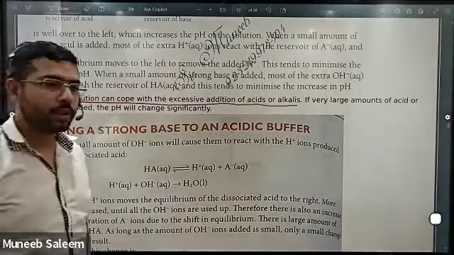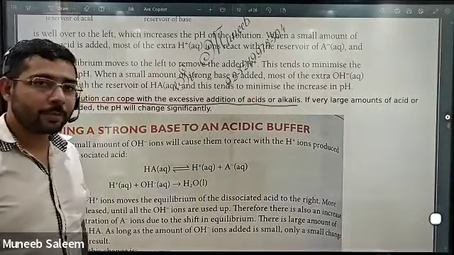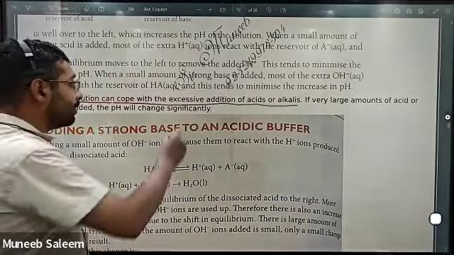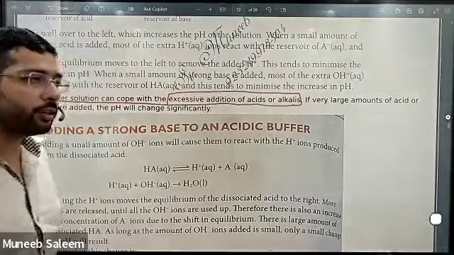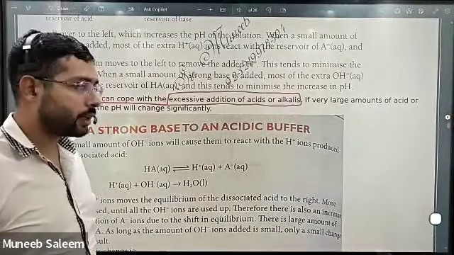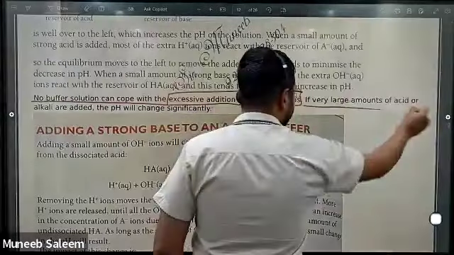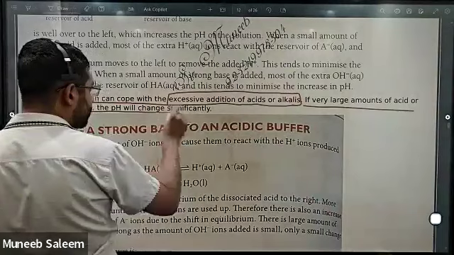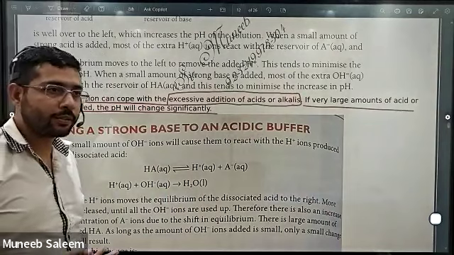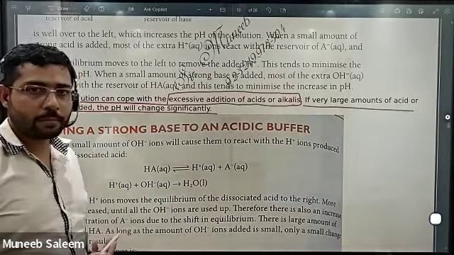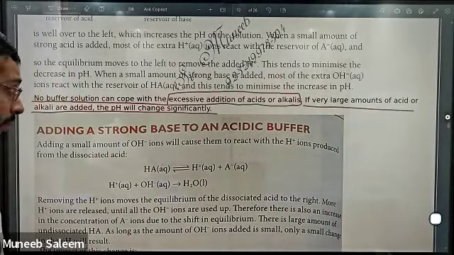As we stated in the previous class, the buffer solution cannot resist the pH change whenever there is an excessive amount of added acid or alkali. It can only play its role within a limited range. If very large amounts of acid or alkali are added, the pH will change significantly, which means the capacity of the buffer will be exhausted. When the capacity is exhausted, it will no longer be able to resist the change in pH.